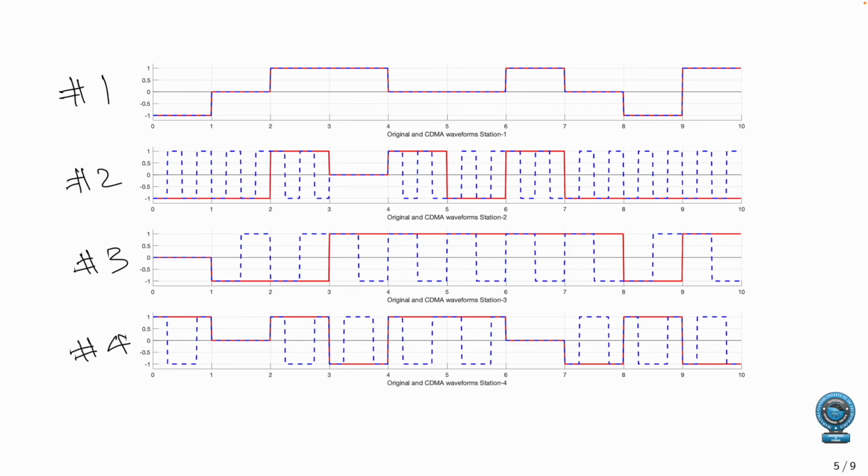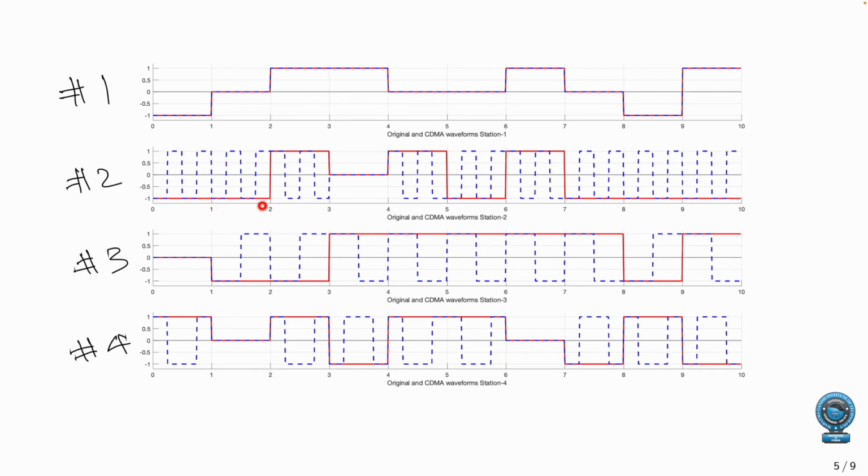Now let's leave station 1 and look at station 2. Station 2 original waveforms are in red color here, all those reds. So instead of the original one, that is the -1 for a total of 1 second, the CDMA code in the blue waveform will be sent. The chip sequence in dashed blue will be sent.